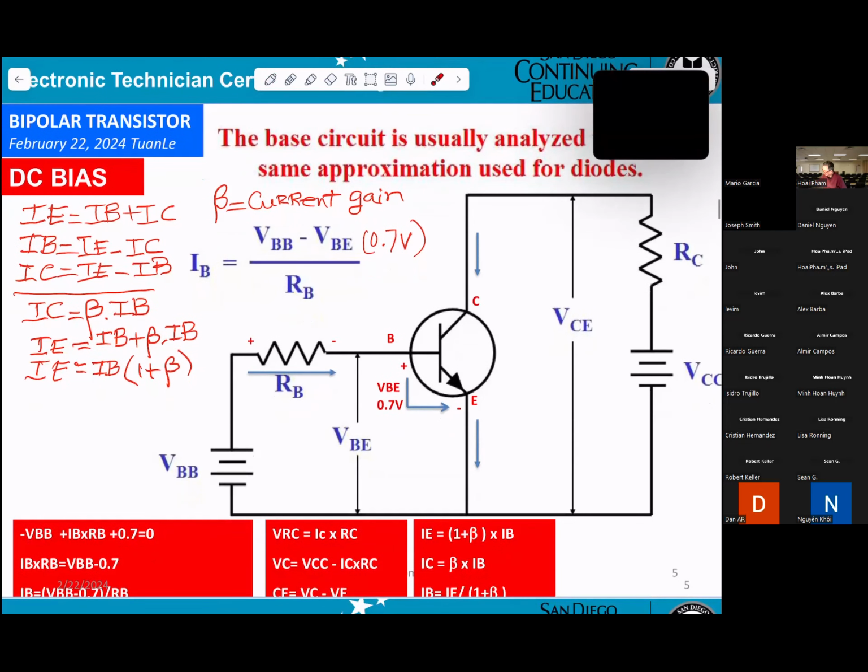And then the one on the bottom is IB. If you want to calculate the IB, IB equal IE minus IC.